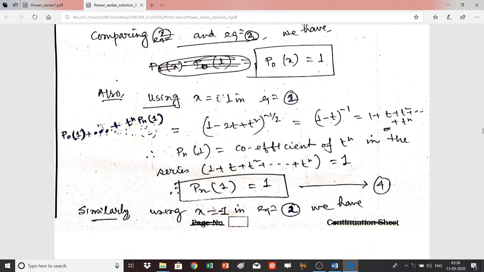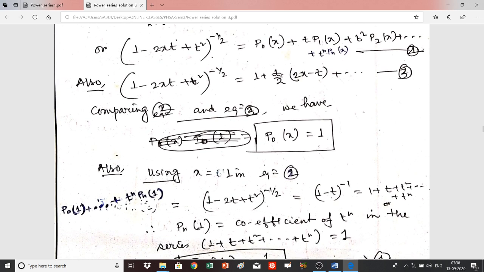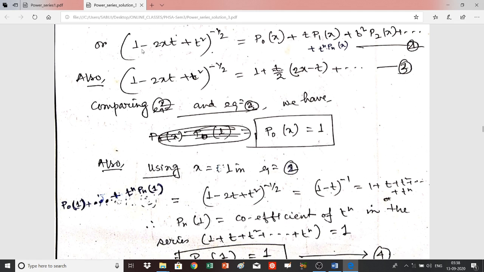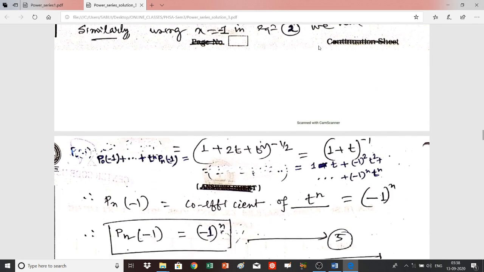Similarly, using x equal to minus 1 in equation 2, if you replace x by minus 1, from this term you will have (1 plus t) to the power minus 1, and this term will be the same. So you write P0(-1) plus other terms up to t to the power n Pn(-1), equal to 1 plus 2t plus t square.